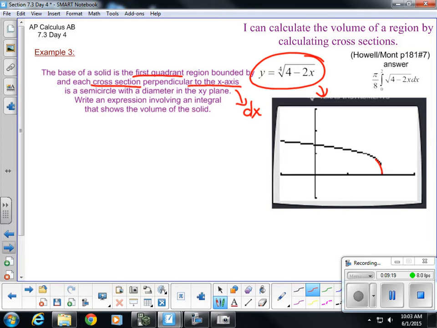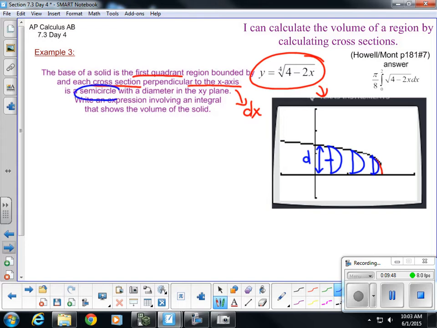A semicircle with a diameter in the xy plane. So here is our semicircle. So this distance up to the equation of the function is actually our diameter.